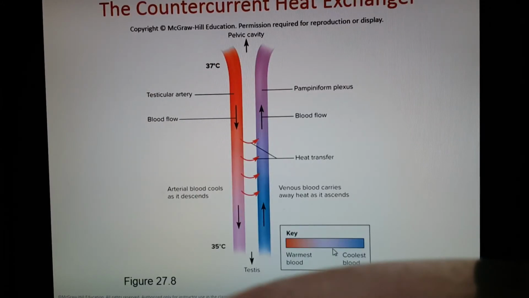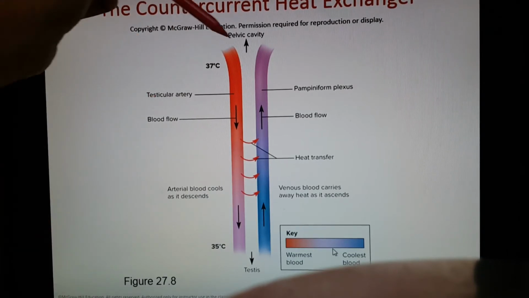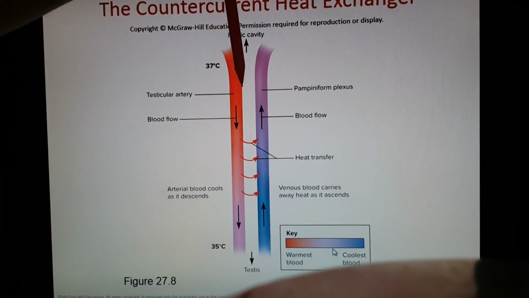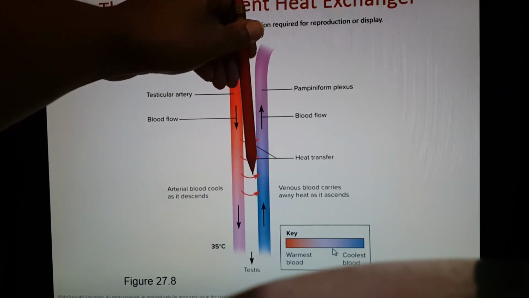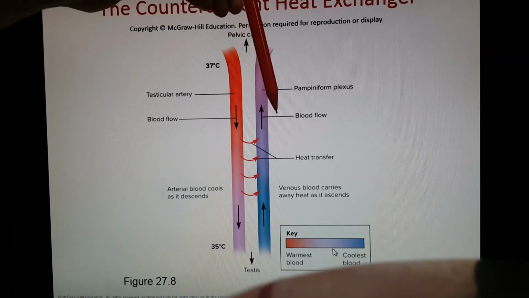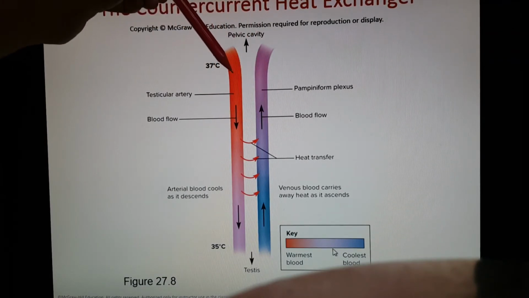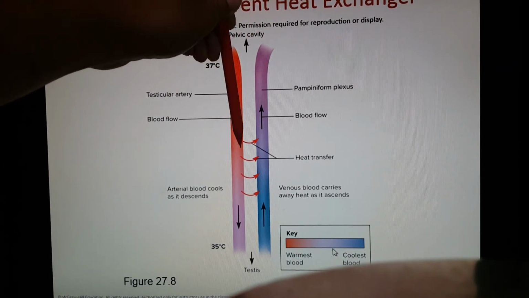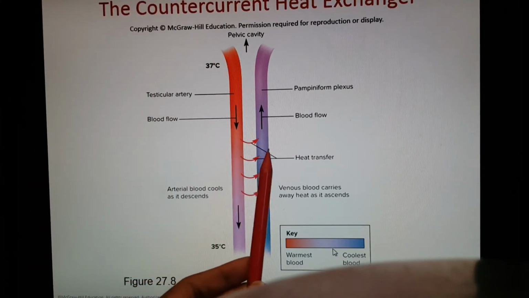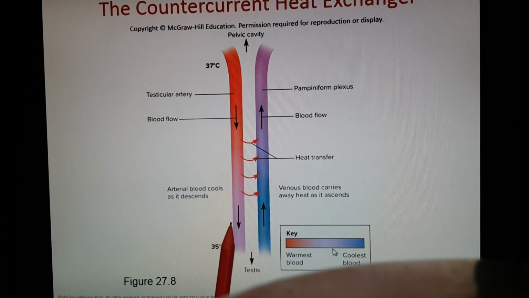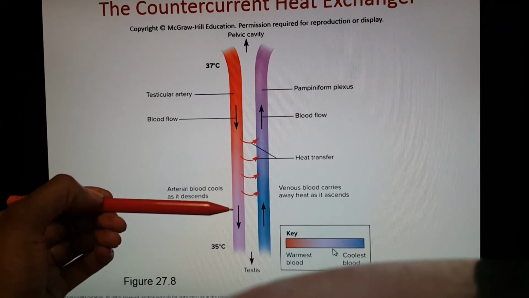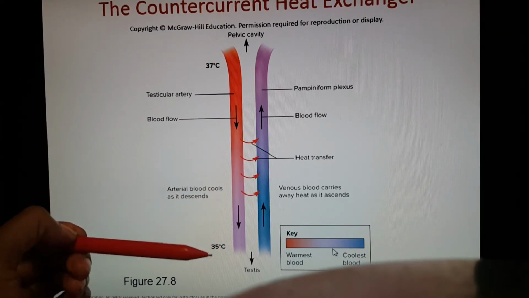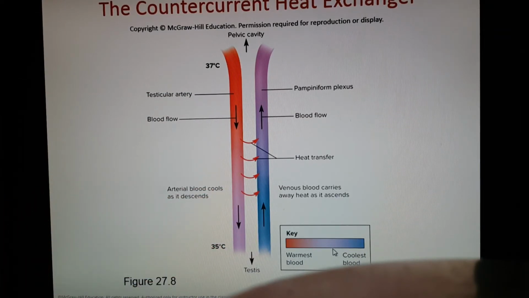So here's a simplified picture of that. On the left, we have our testicular artery bringing blood into the testes, and on the outside, of course, this would be surrounding the testicular artery, but in this case, just being simplified. As that blood goes towards the testes, it is losing heat to the venous blood on the outside of that artery, which helps to cool it down. Here we have our color coding with blue and red, with purple as a transition color.